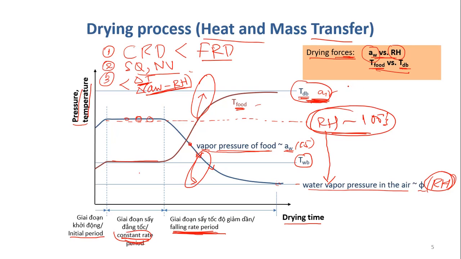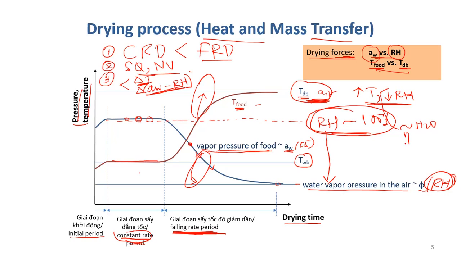Why is increasing temperature better for drying, or why does drying take place faster? Because when you increase the temperature, at the same time you reduce the relative humidity of the air, and also we increase the motion of water.